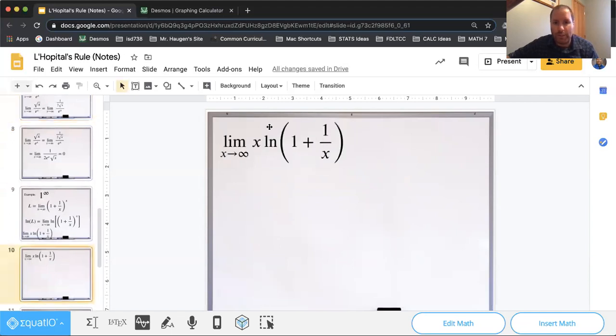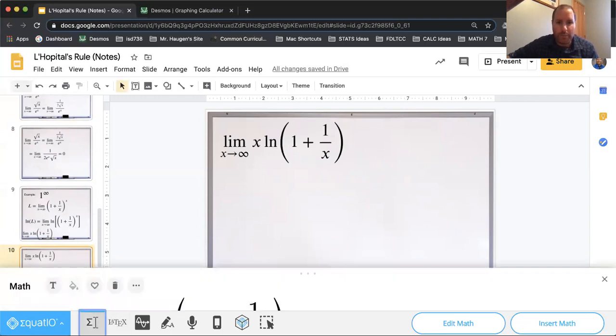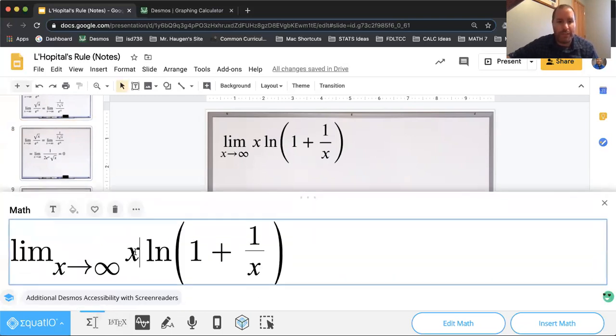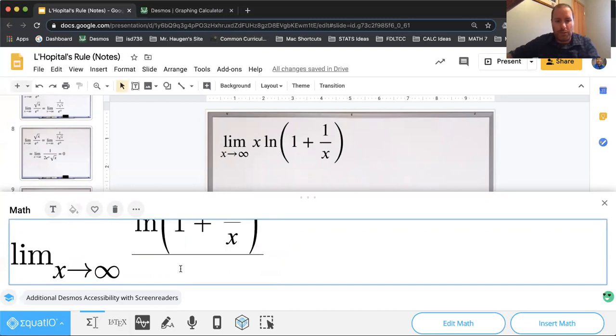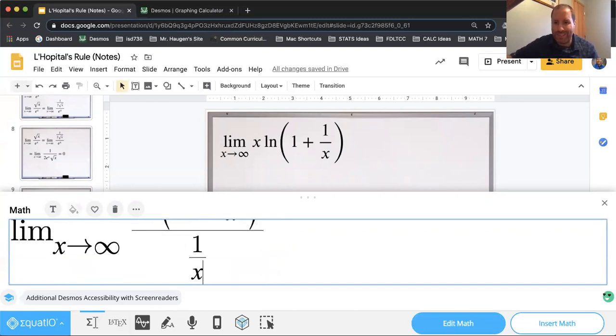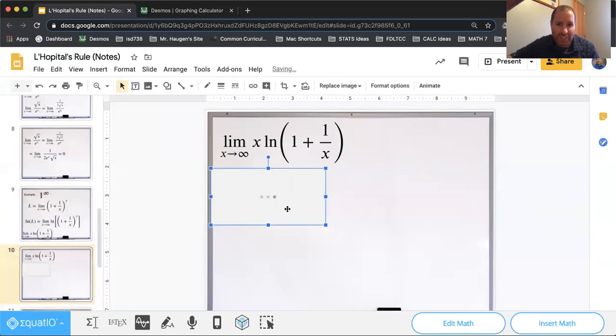So back in our equation, I know I said take this thing and flip it over. You can flip over either one of them, whichever makes more sense. So I'm going to take this and delete it, and I'm going to put this over 1 over x, because that should really be the same thing.